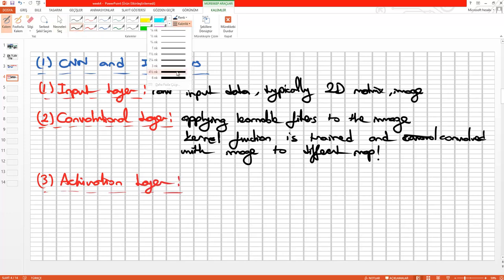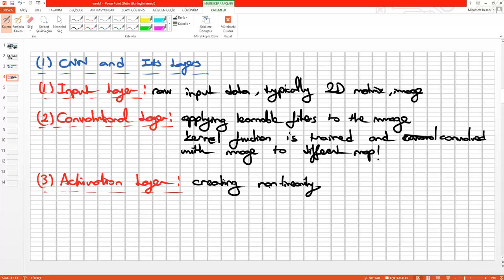Activation layer means that it's just creating the nonlinearity, or the hard nonlinearity. And this helps to analyze the complex nonlinear patterns.